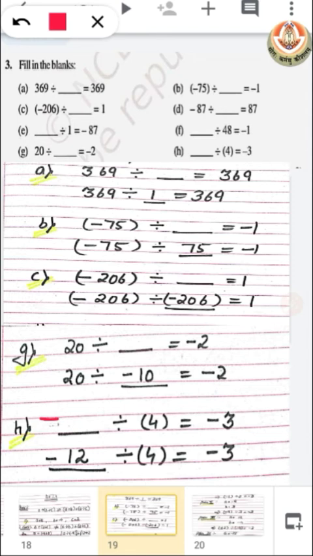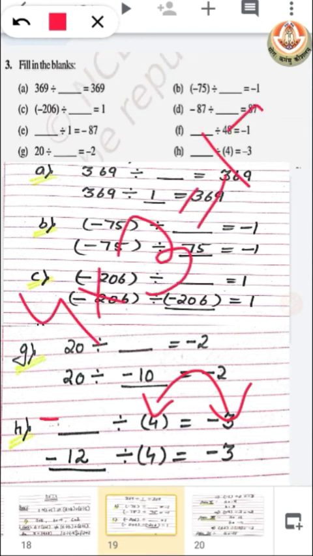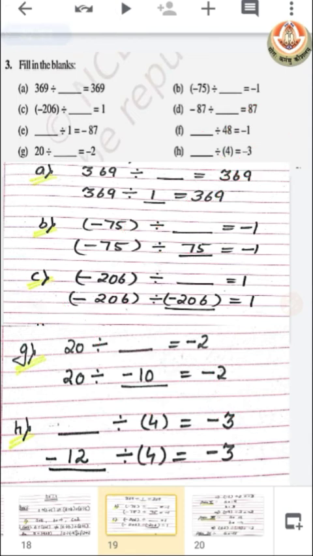How will we know that? We can multiply both to get the answer, which is 12. As we know that division is the inverse operation of multiplication. Okay class, I hope that you all are getting all these questions very well.